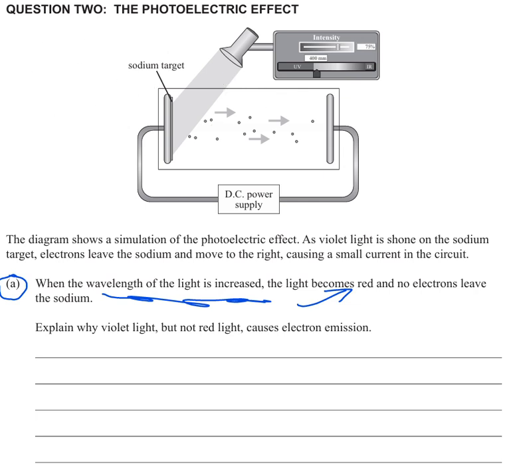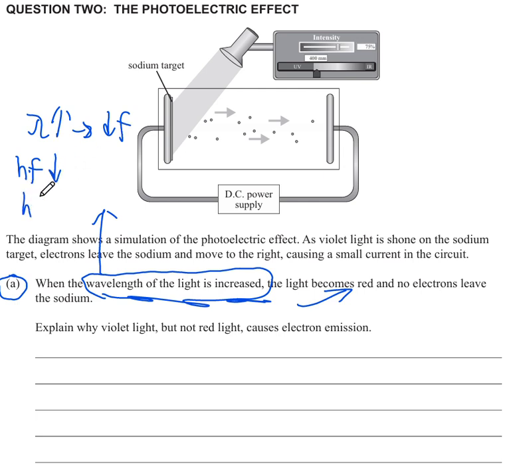Yeah, let's analyze it a little bit. When you increase the wavelength here, wavelength increase means you are decreasing the frequency. Now, if the frequency is decreased, then your photon energy, which is equal to h times f, is going to be decreased.